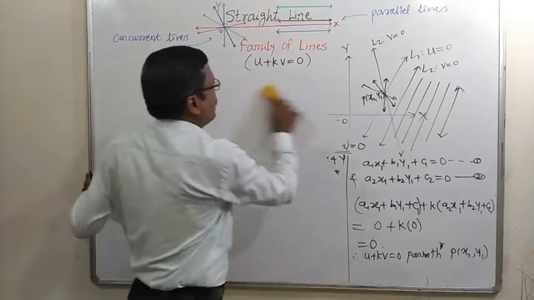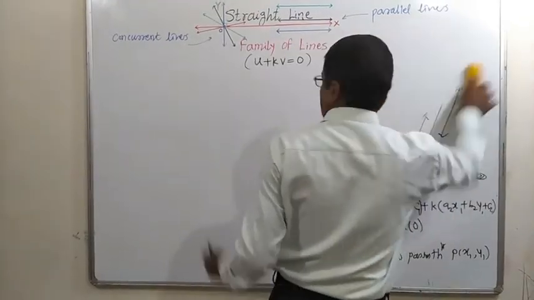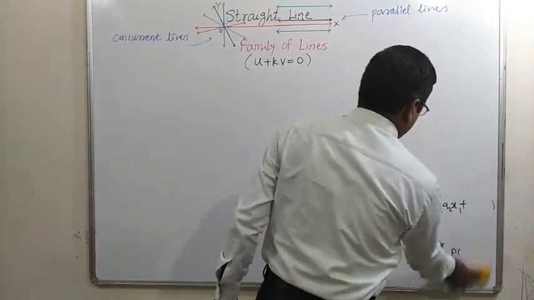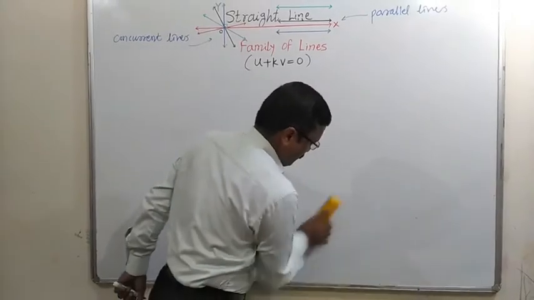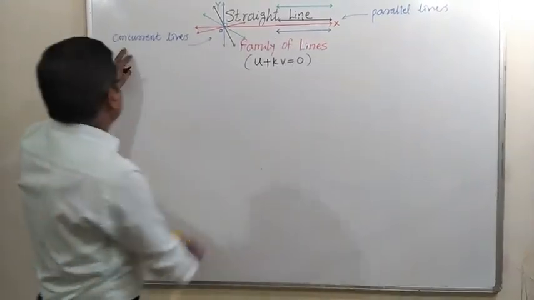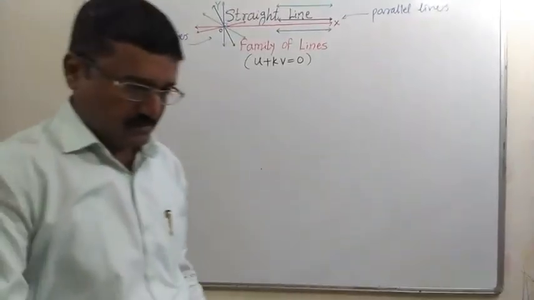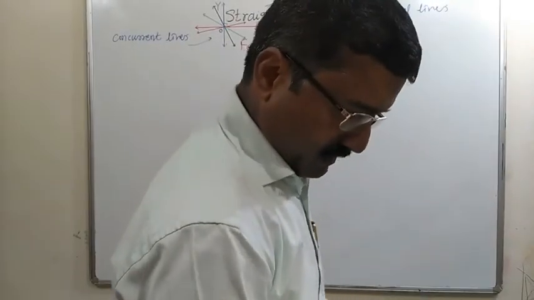Let us see two examples on these two articles, that is family of parallel lines which are concurrent lines and parallel lines. Let us see example number 1.